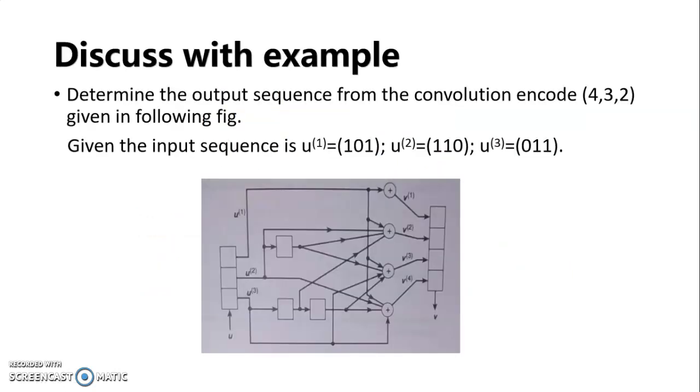Now I will discuss one example which can show the total formula in more detail. Determine the output sequence from the convolution encoder 4 3 2 given in the following figure, where the input sequence U1 equals 101, U2 equals 110 and U3 equals 011.